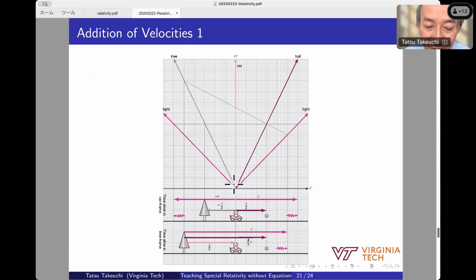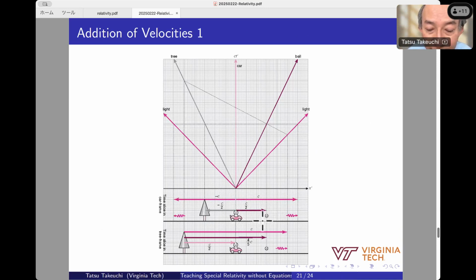For instance, if you have a car, a baseball, and a tree, and two light pulses all emerging from this space-time origin, then if you wait a while and freeze the frame, so to speak, to figure out where the two light pulses and the three objects are at the same time, you will find that the light pulse that went to the right and the light pulse that went to the left are equal distance from your car, if you're using the car frame to look at it.